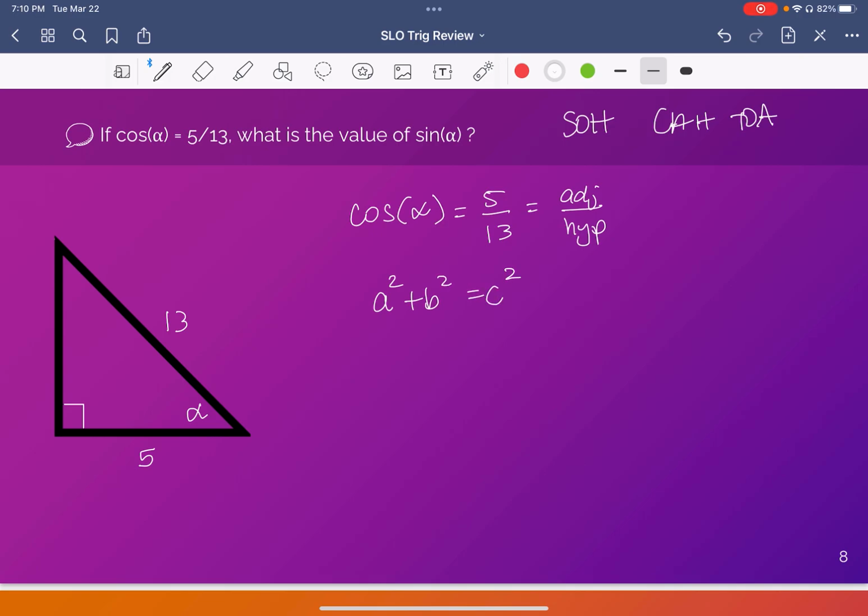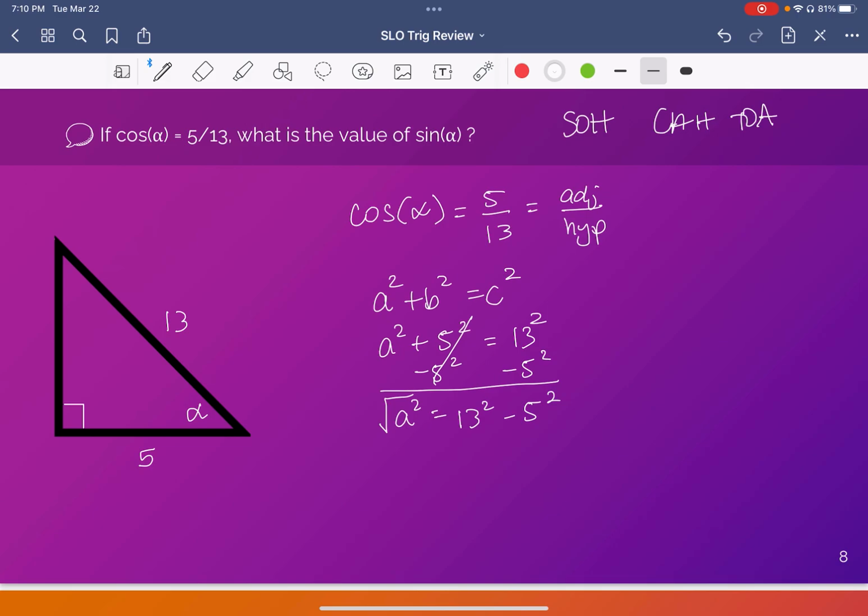Remember that the hypotenuse always has to be C, no matter what. So I'm going to say that my opposite leg is A, B is 5, and C is 13. I do have to subtract 5 squared on both sides. Some people like to simplify right here, like before you get started, like make it 169 minus 25.